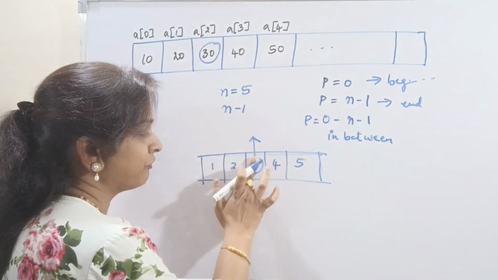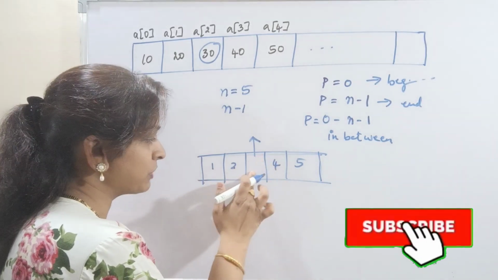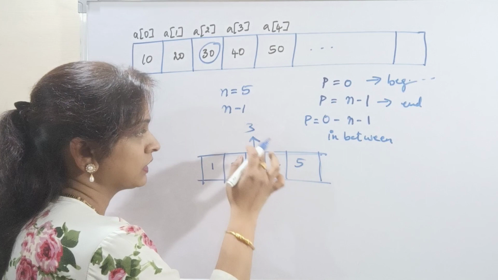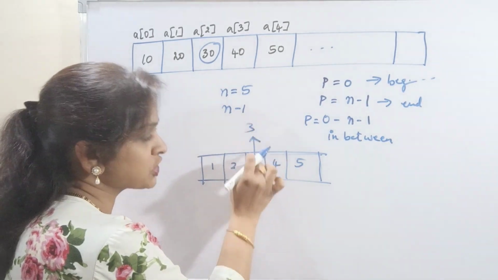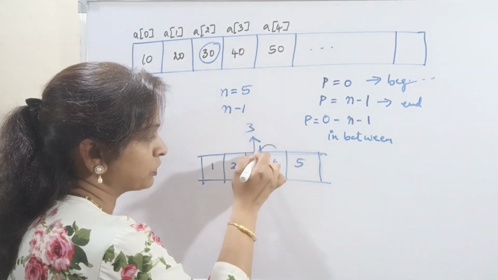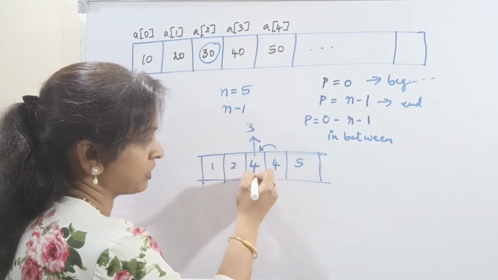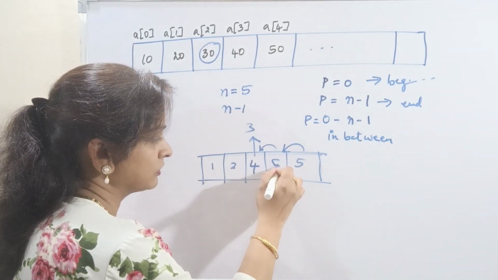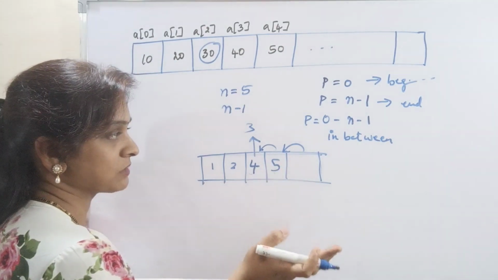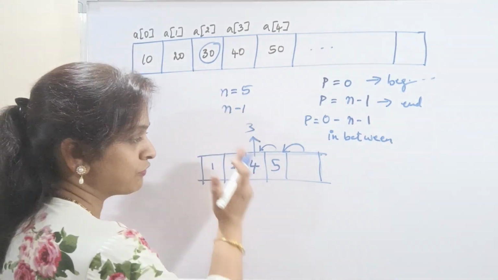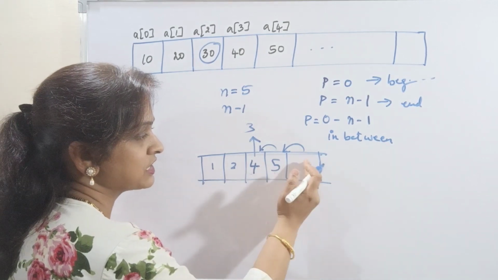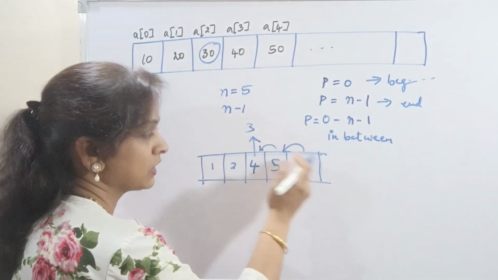Now, when the person exits from the queue, he will come out. The third person comes out. The position plus 1 person has to come to this position. Means 4 has to come here. Then again the next, 5, has to come here. This is how the shifting takes place. Means I need to start from the position and do the shifting till I reach the last element.